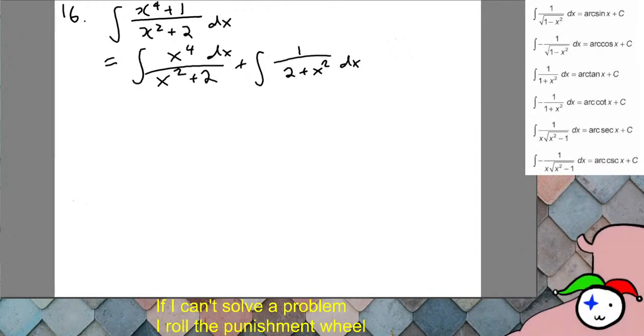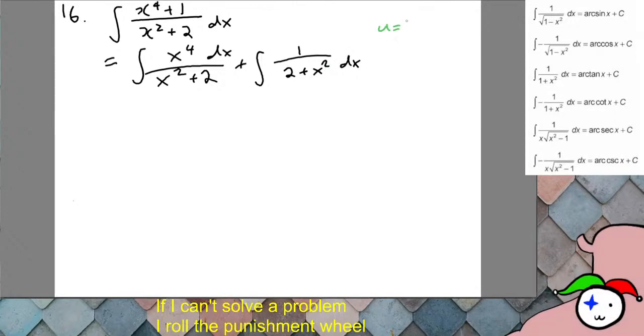So on this side we can use the u equals, hang on, 2, if I take out the half, it becomes 1 plus half x squared.